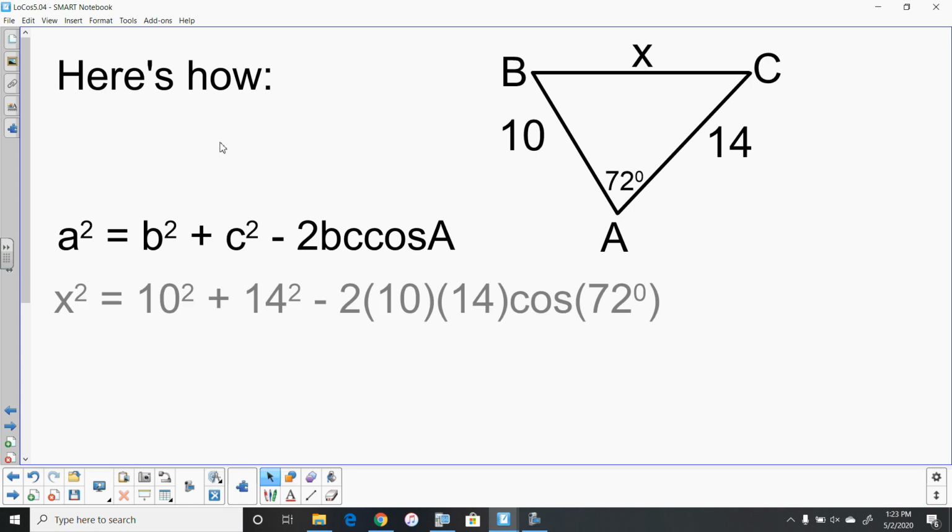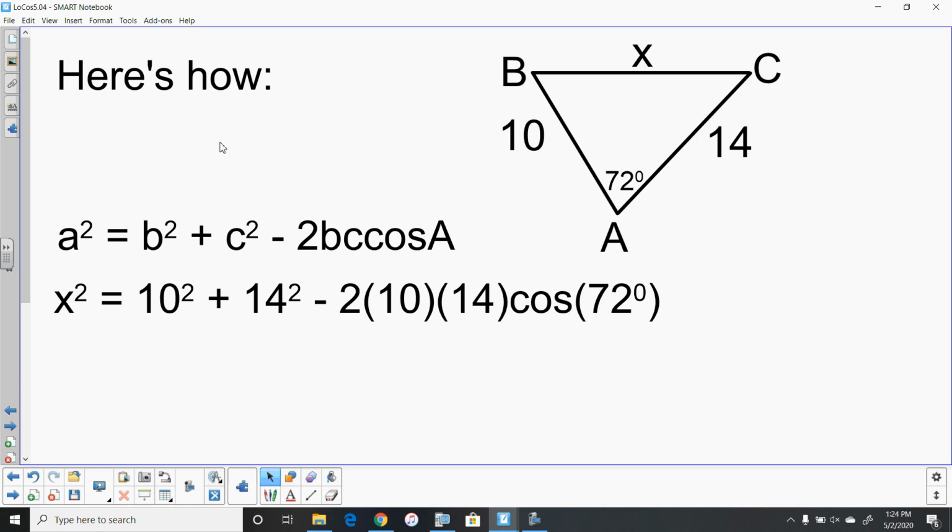So when I plug in everything, I've got x squared equals the other two known sides squared, 10 squared and 14 squared, minus 2 times those two sides, 2 times 10 times 14, cosine of the angle across from x. Figuring out what to plug in where is the tricky part. At this point, it's a one-move algebra problem.